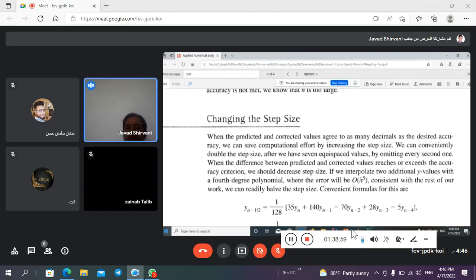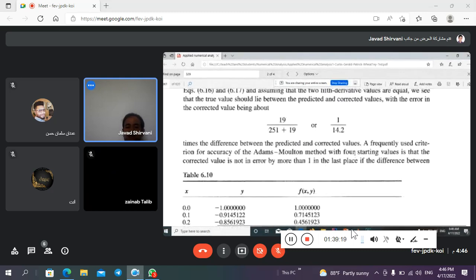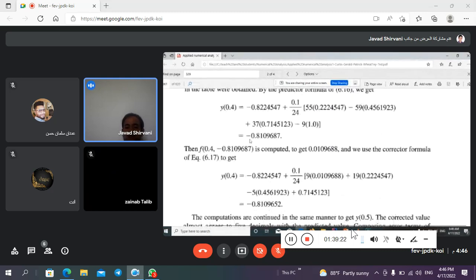The book says when the predicted and corrected values agree to as many decimals as the desired accuracy, we can save computational effort by increasing the step size. For example, here in previous equations, we get the value of the predictor at the point 0.4, minus 0.8109.